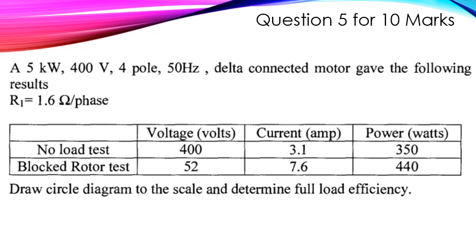The data by no load test is voltage 400 volts, current 3.1, and power is 350 watts. The data by blocked rotor test is voltage 52 volts, current 7.6 ampere, and power is 440 watts. What we have to do here is draw a circle diagram to scale, and determine the full load efficiency.